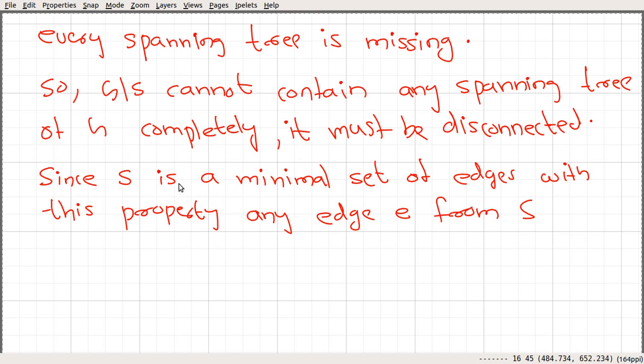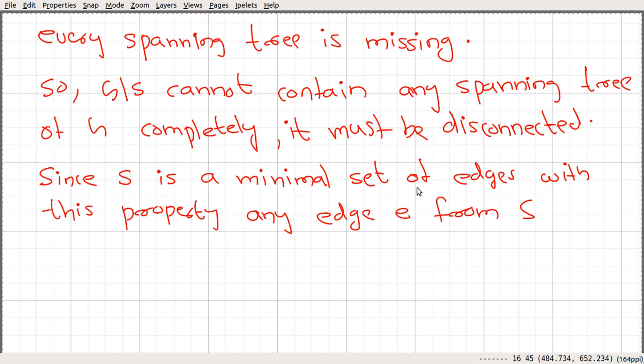So that graph will become connected, and that is true for any edge in this set S. Here this E is an arbitrary one. That says any proper subset of this S won't disconnect the graph G.